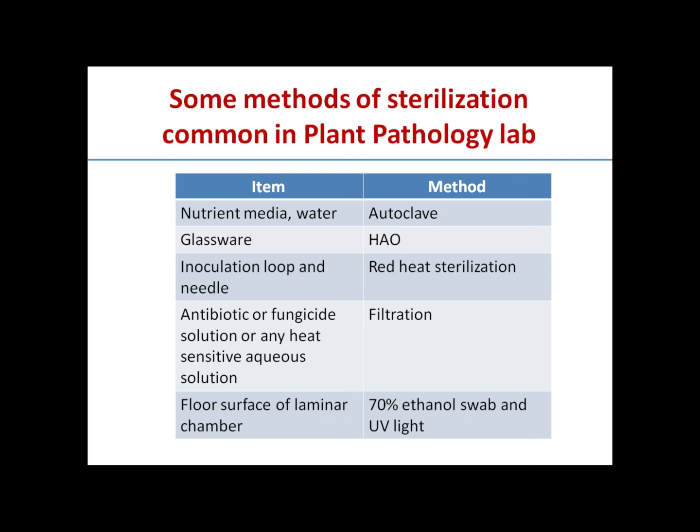For glassware, hot air oven or dry heat sterilization. For inoculation loop and needle, red heat sterilization. For antibiotic or fungicide solution or any heat sensitive aqueous solution, filtration. For floor surface of laminar chamber, ethanol 70% and UV light.